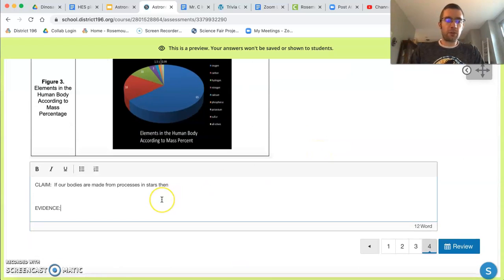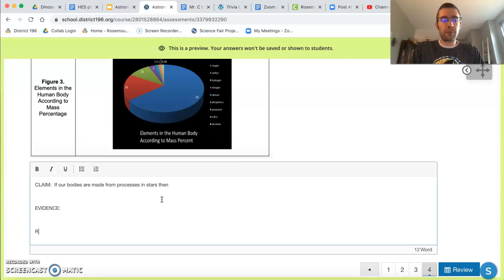So after you're done with your evidence, you're going to hit the spacebar a couple of times and do reasoning. And then you just go. Use your textbook, use your notes, use the explains, all of the explores that we've done to help you fill in your reasoning. And it all has to connect back to that claim.